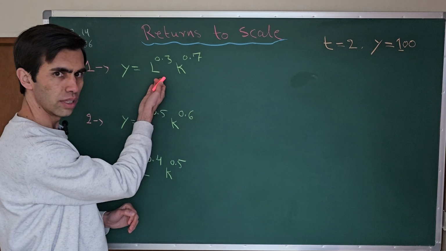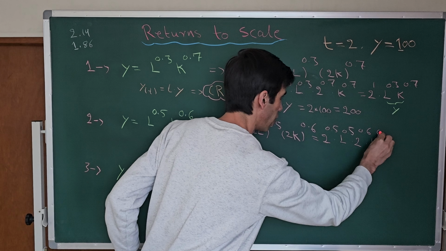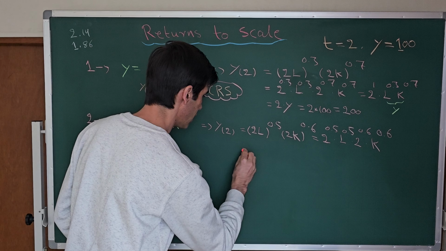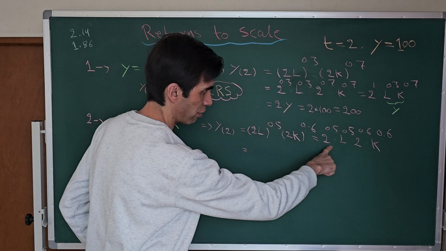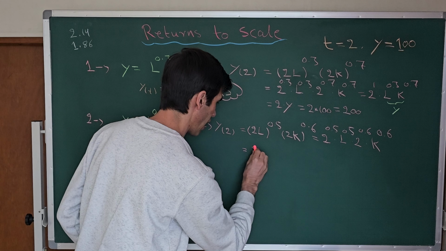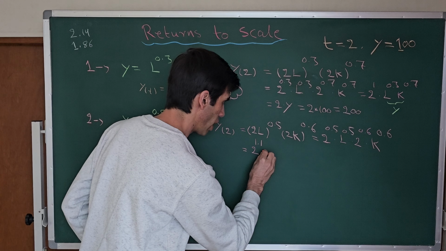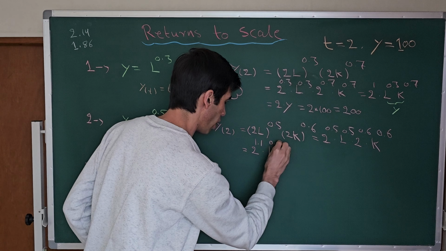Then we have 2 to the power of 0.5 multiplied by L to the power of 0.5, and 2 to the power of 0.6 multiplied by K to the power of 0.6. Then we have 2 to the power of 0.5 times 2 to the power of 0.6, which is 2 to the power of 1.1, multiplied by L to the power of 0.5 times K to the power of 0.6.